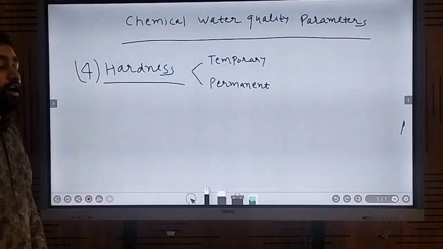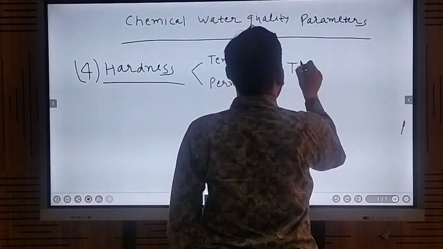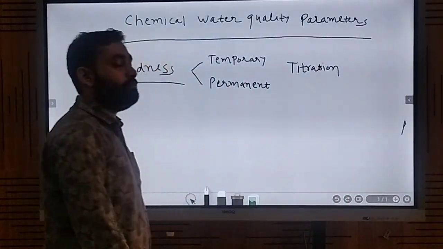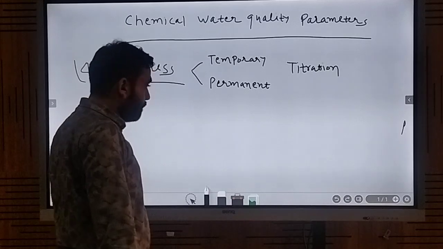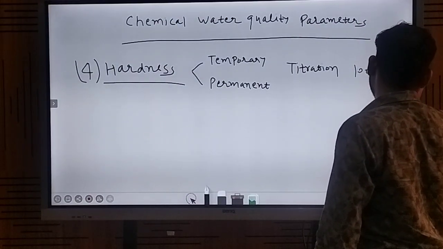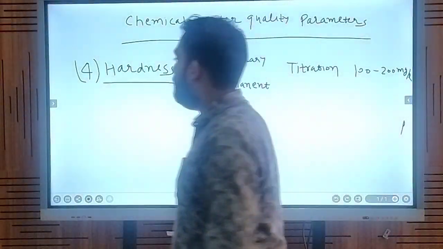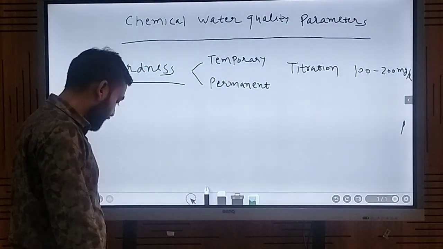Again, hardness is measured by titration. The permissible limit of hardness is 100 to 200 milligram per liter. So we have discussed the next chemical water quality parameter, which is hardness.